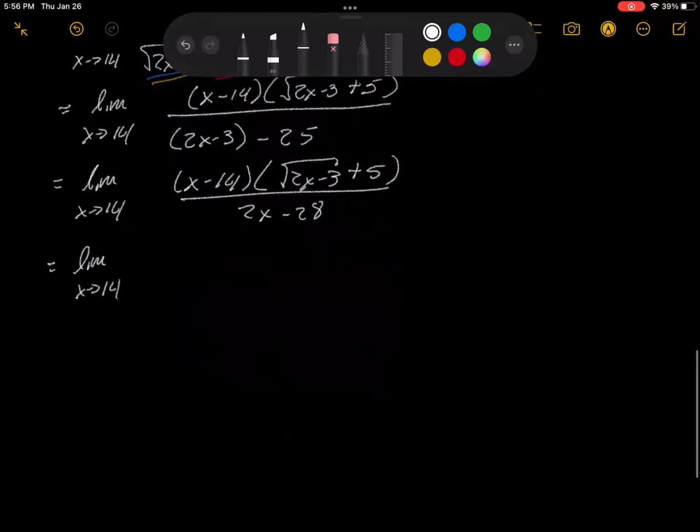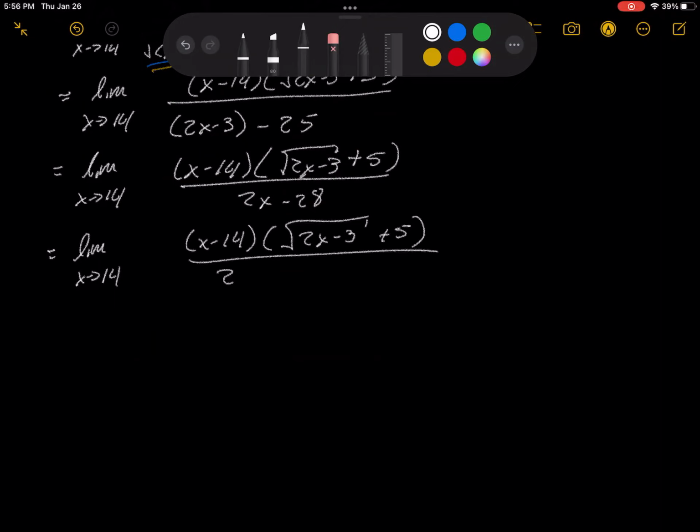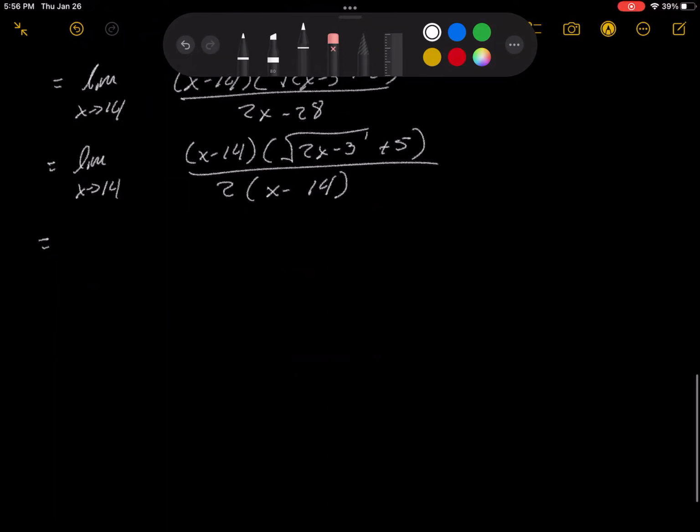What can we do with this? Let's copy our numerator down. But in our denominator, we can pull out a 2. And there we see the x minus 14 that we were looking for. So now we just have the square root of 2x minus 3 plus 5 sitting on top of a 2.